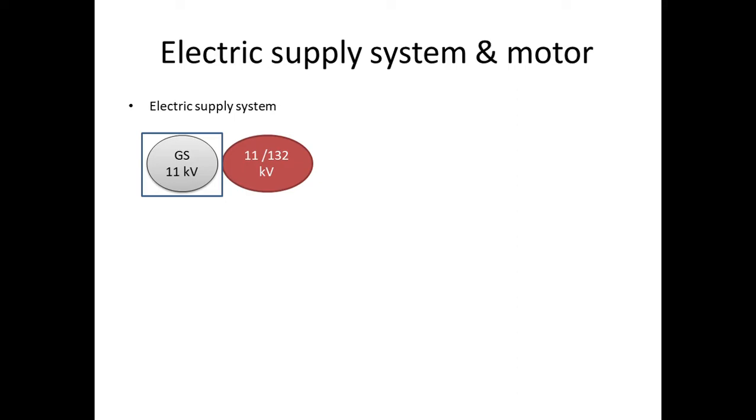This conversion takes place because we are going to supply energy over a long distance, so we increase the voltage. Primary transmission takes place in order to supply electricity from the generation station to the outer area of cities.